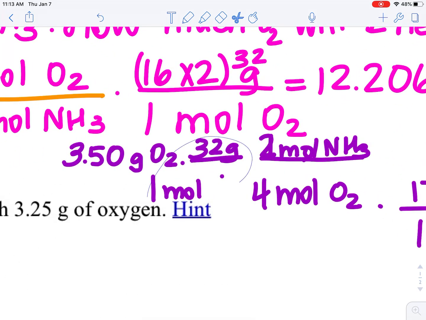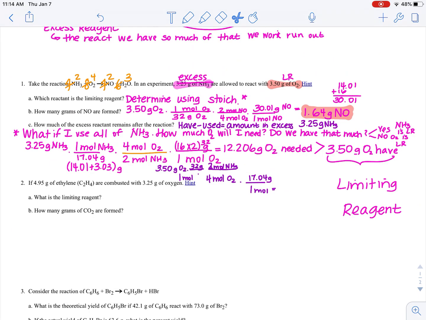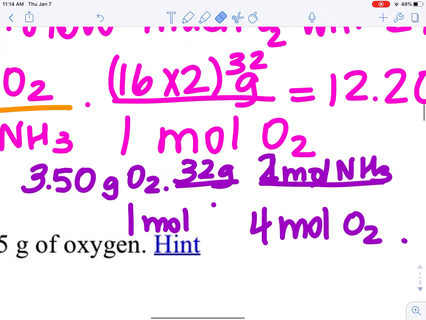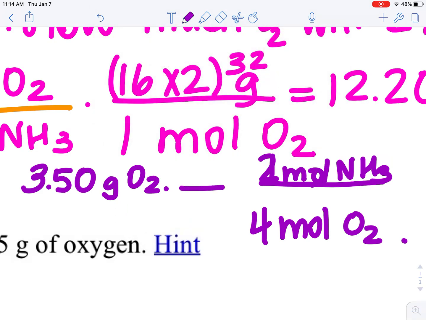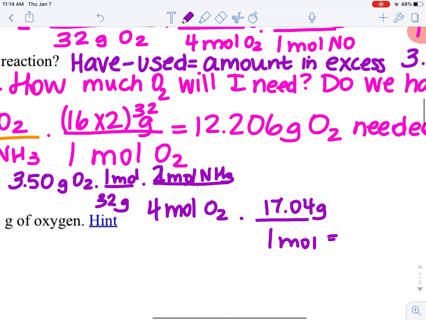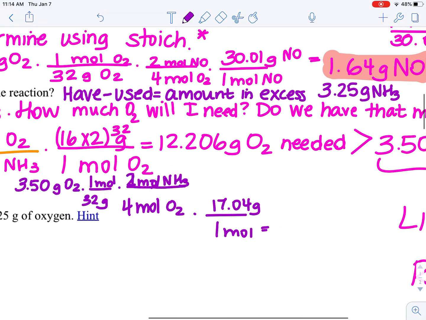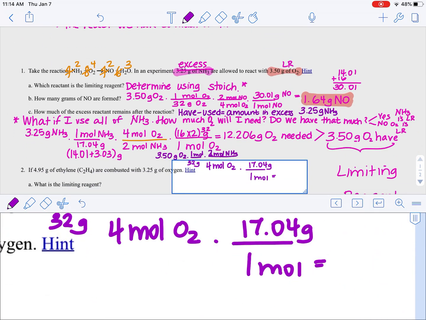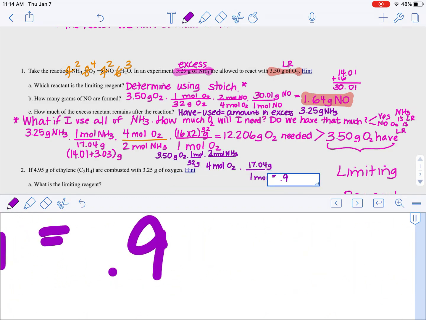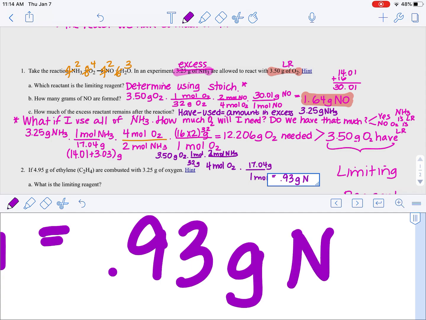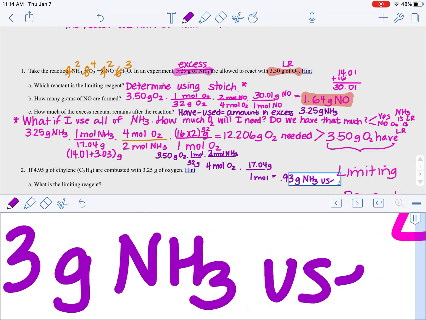That fraction needs to be reversed. 32 grams per mole. 3.5. 0.93 grams of NH3 were used.